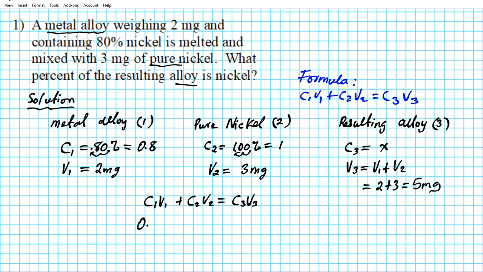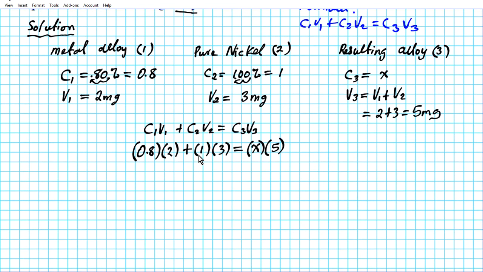C1 is 0.8 times V1 is 2, plus C2 is 1 times V2, which is 3, equals C3 which is x, times V3, which is 5. Let's simplify that. 0.8 times 2, you can do that in your calculator, you get 1.6, plus 1 times 3 is 3, equals 5x.